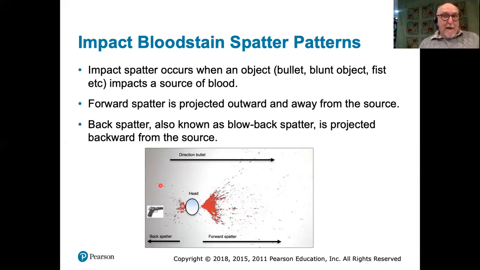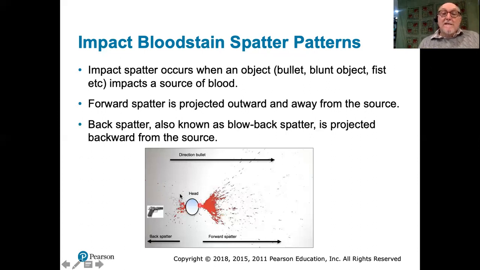In some ways, back spatter turns out to be more important than the forward spatter. For reasons that should be obvious, somebody stood here and fired this gun. And this back spatter may in fact reach them. It frequently does. And that will mark them and their weapon as well with the victim's blood.